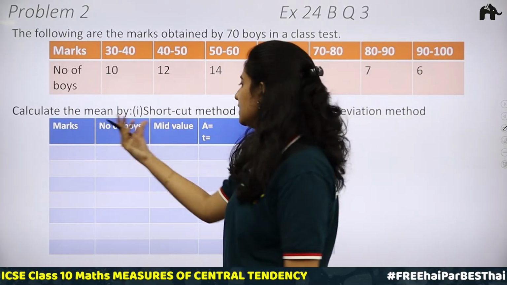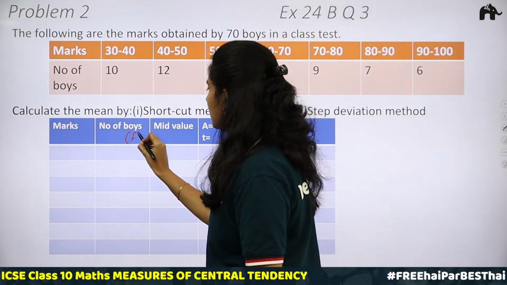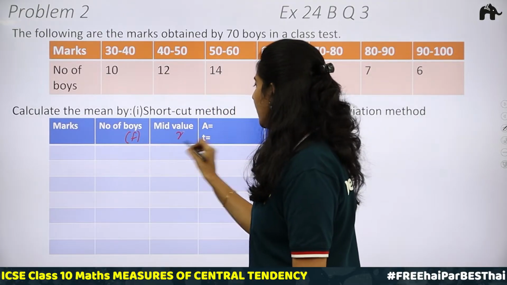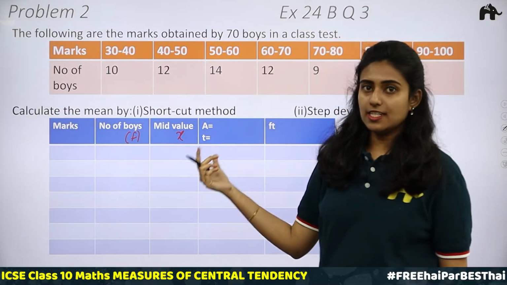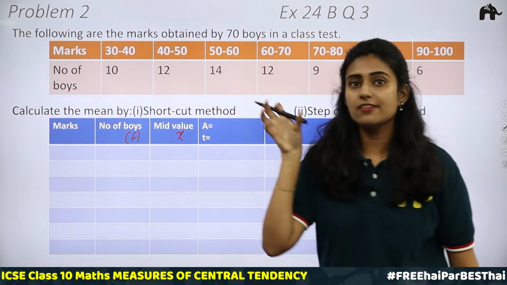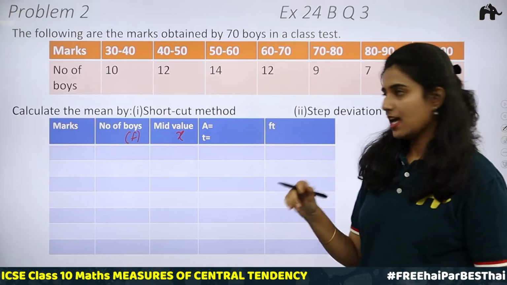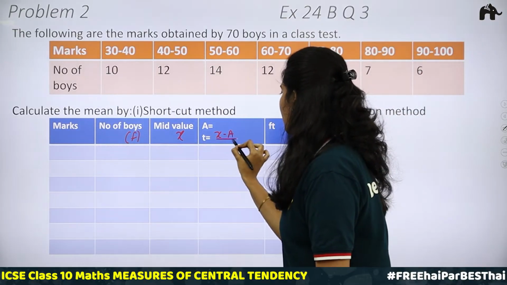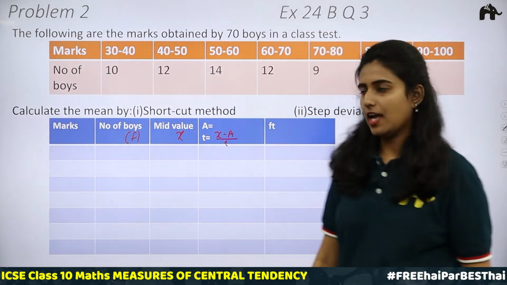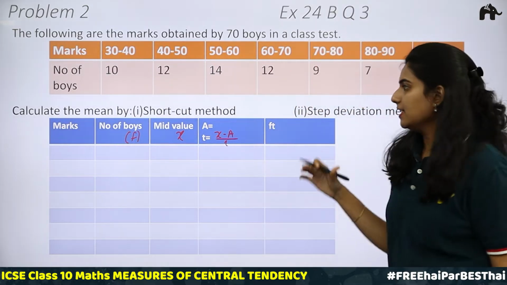We need marks, number of boys, that is the frequency, mid value X, then A, assumed mean value, T. What is T? T is equal to the difference divided by class size I. Here difference will be X minus A divided by class size I. Okay. Then we will be finding FD.